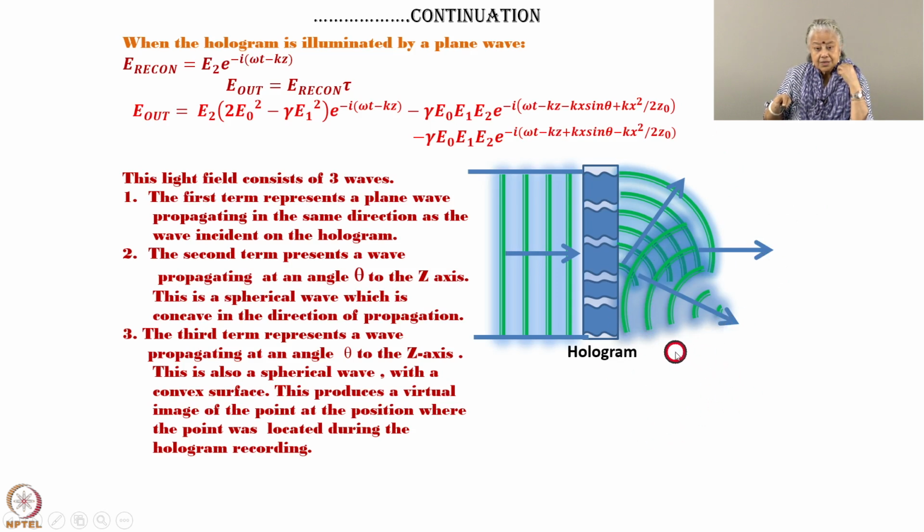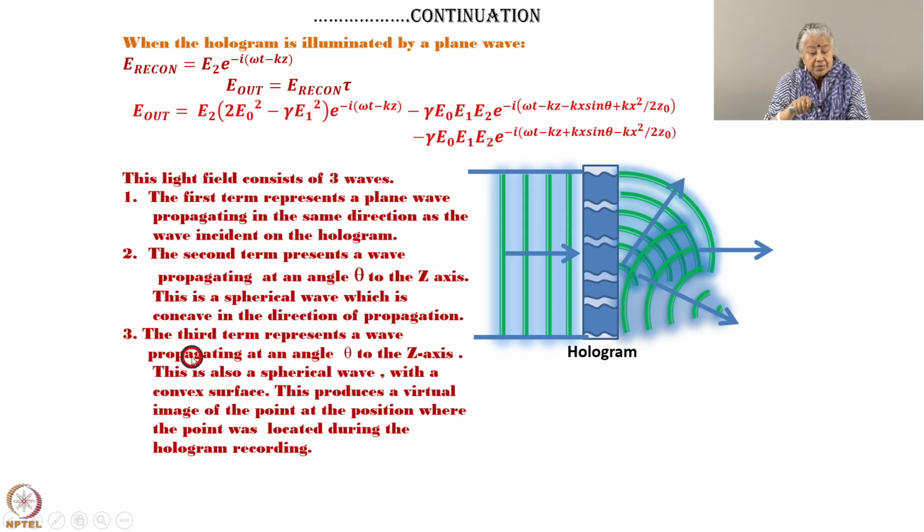All right. So now let's interpret these three terms. This light field consists of three waves. The first term represents a plane wave propagating in the same direction as the wave incident on the hologram, just like before.